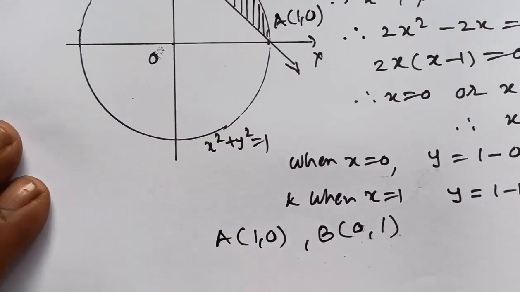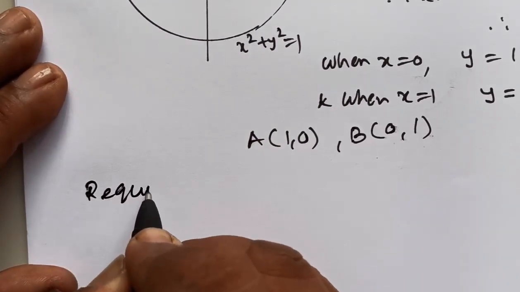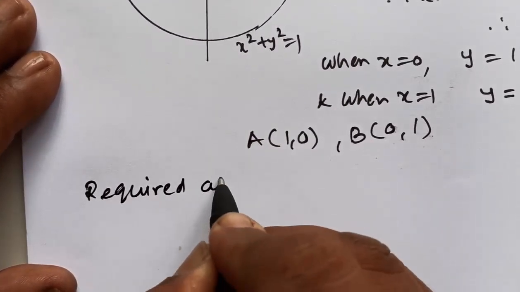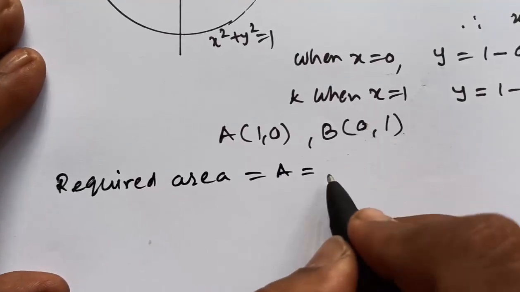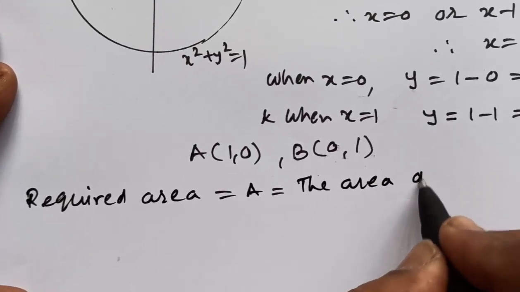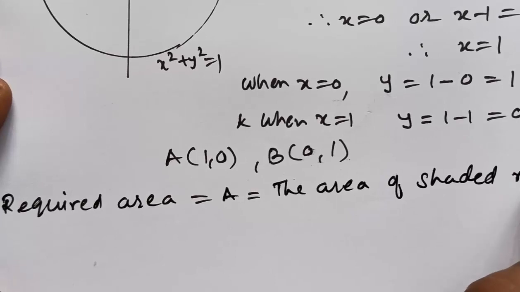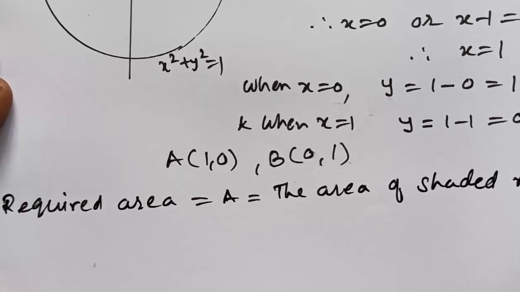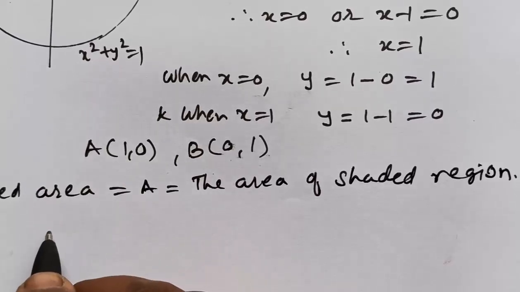Therefore, the required area A is the area of the shaded region.